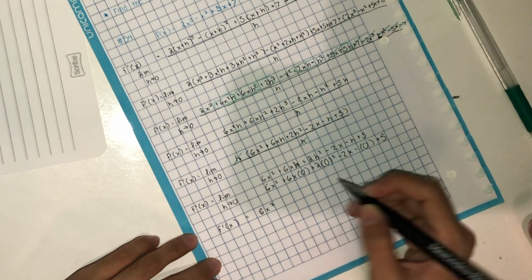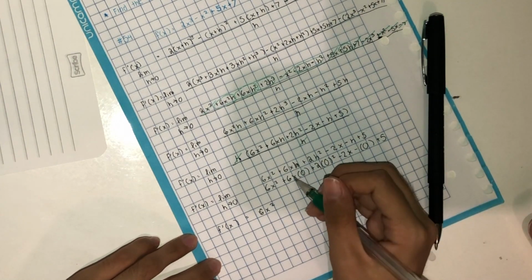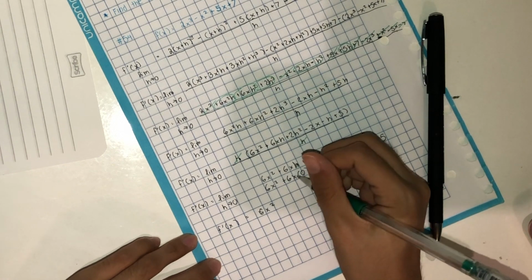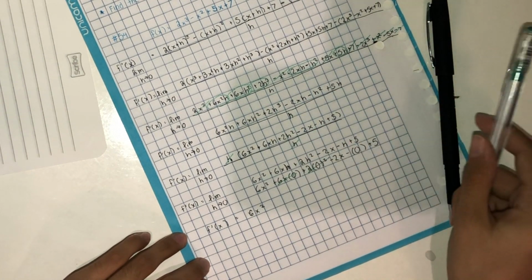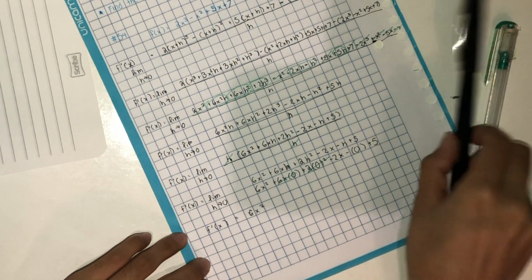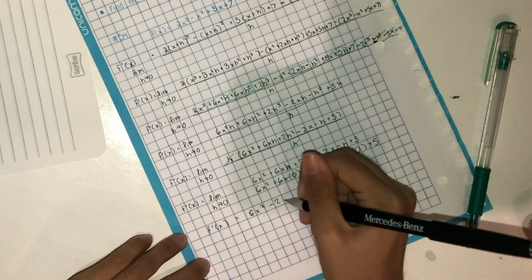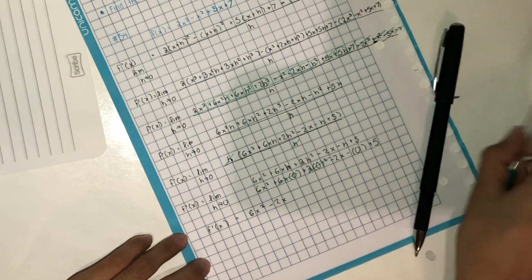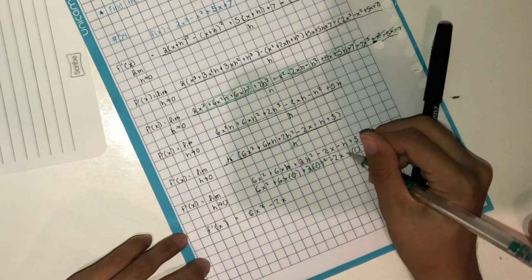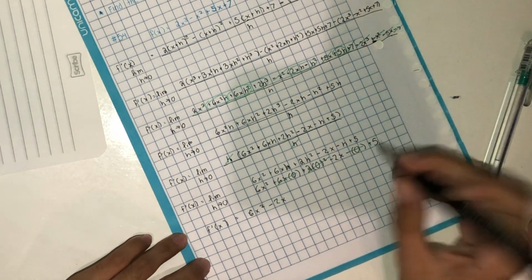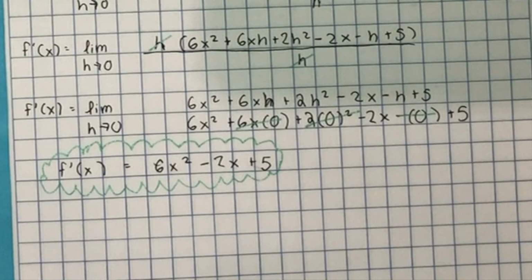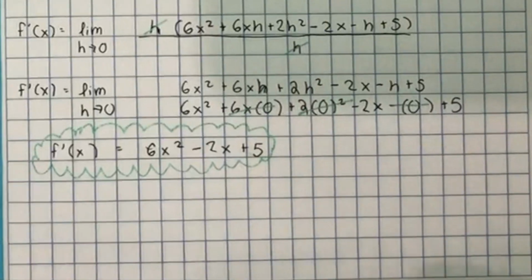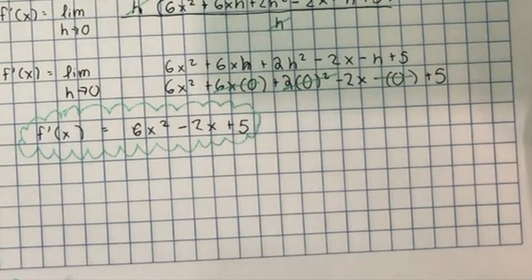This will cancel due to the 0. 0 times something will be 0. And here also. And then we have left negative 2x. And this will also cancel. Plus 5. So we now have our final answer for the derivative problem.